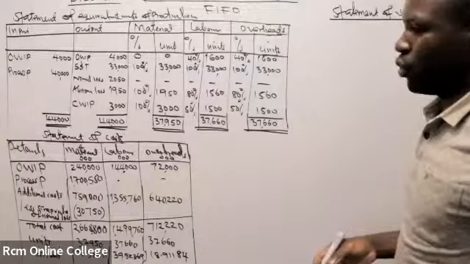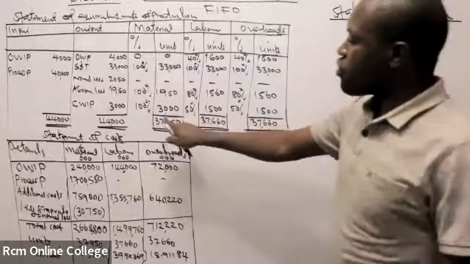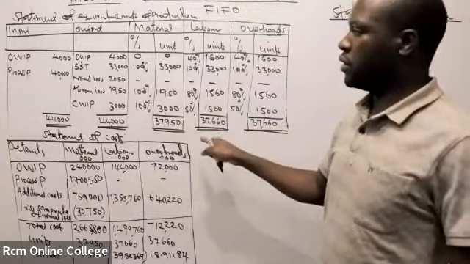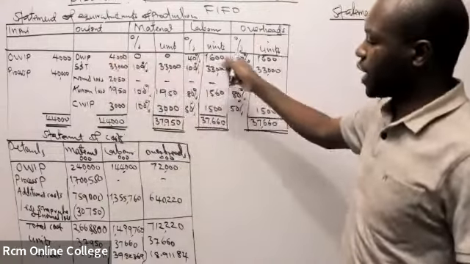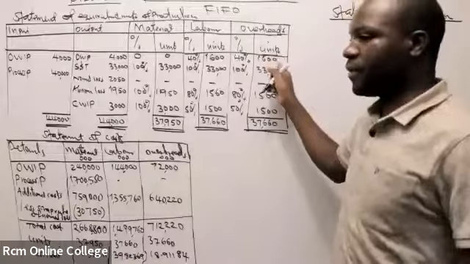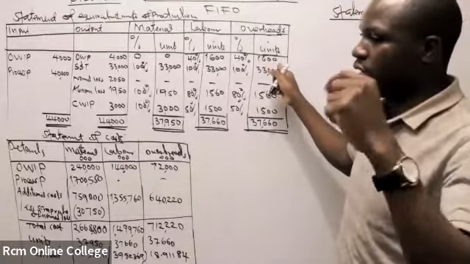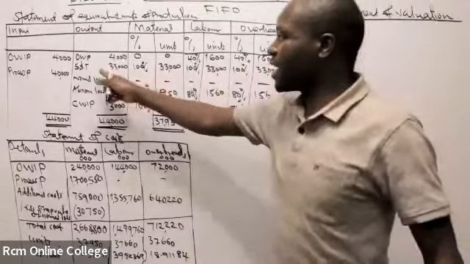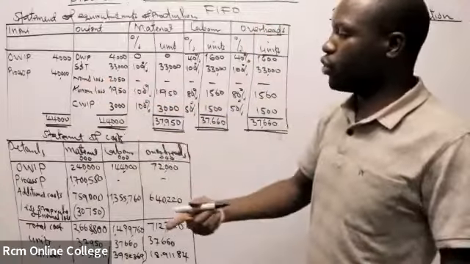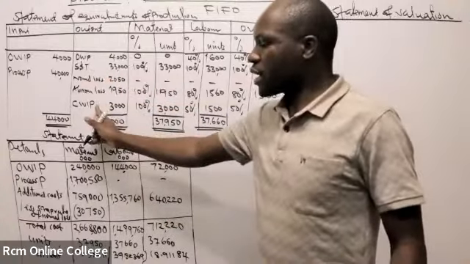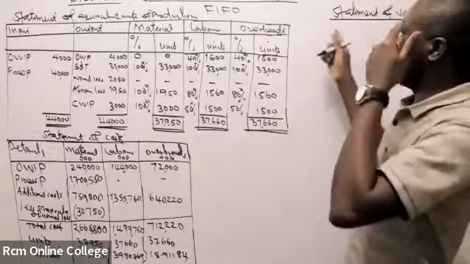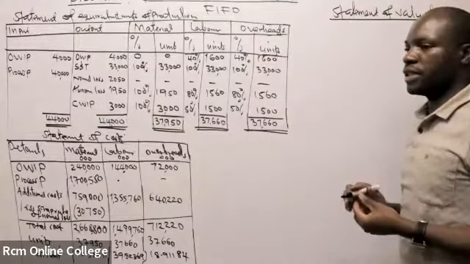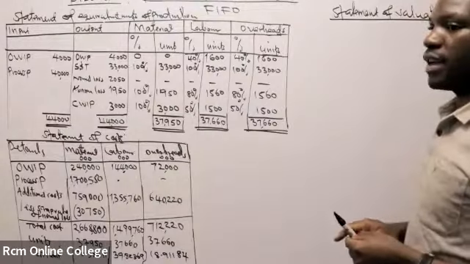We now want to know these equivalent units of opening work in progress that we are supposed to complete during the current process. What is its value? What is the equivalent cost? This started and transferred, what is the equivalent cost? This closing work in progress, what is its equivalent cost? That is what we do under statement of valuation.